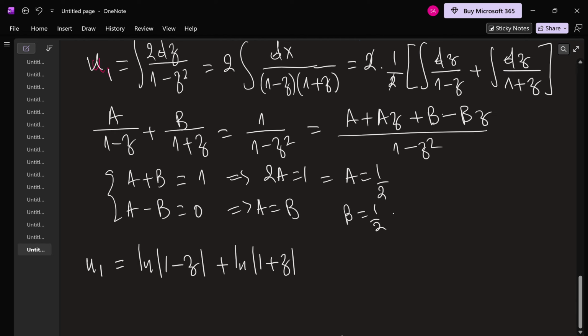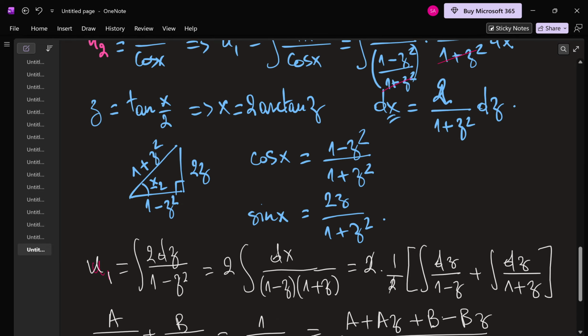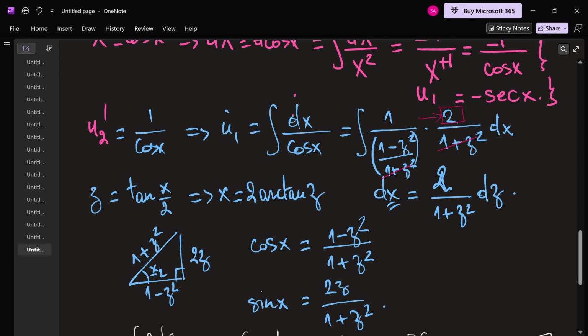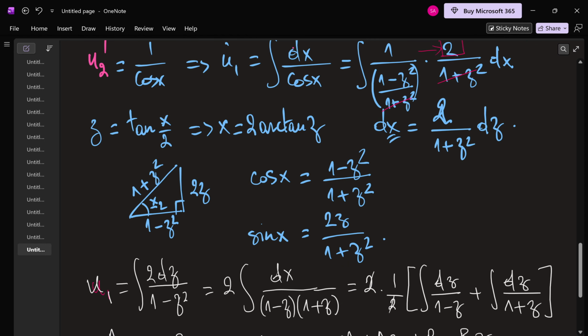Check with me, please. Are these calculations correct?